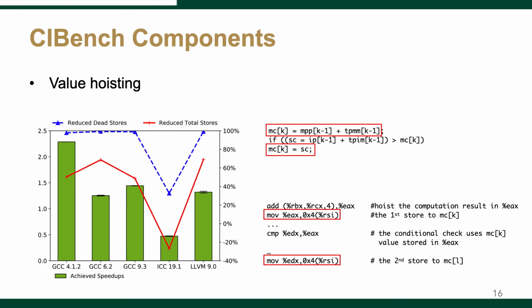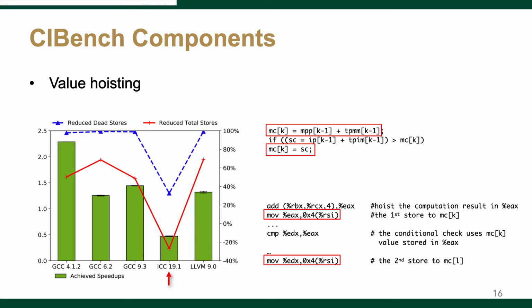And this figure shows our experiment. You can see that the x-axis shows different compilers, the left y-axis shows the speedup, and the right y-axis denotes the percentage reduction in dead stores and total stores. We can see from the picture that all GCC and LLVM compilers suffer this inefficiency, but not ICC.